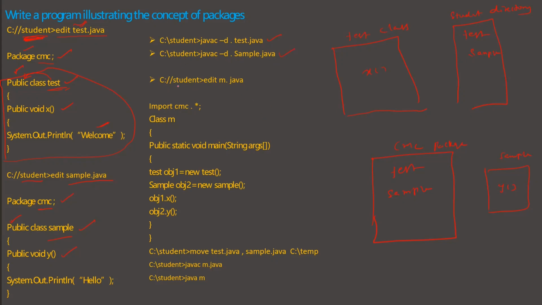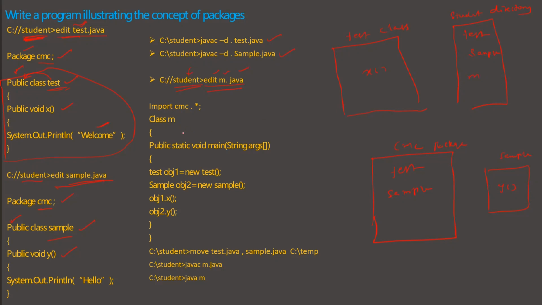Now in the same directory, I'm going to say edit M.java. As I did with edit Test.java and edit Sample.java, a separate window will be created. So I'm saying edit M.java in the same student directory, where I'm going to create M as my class.